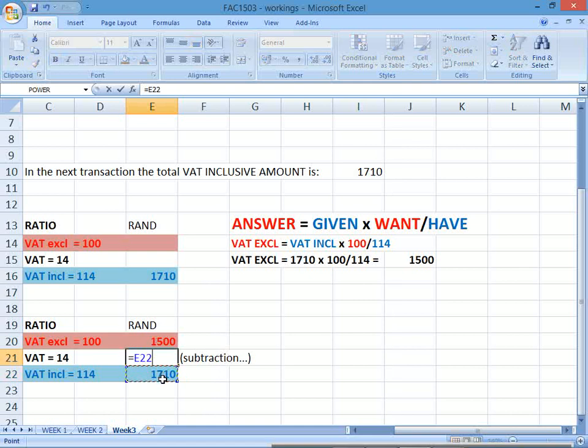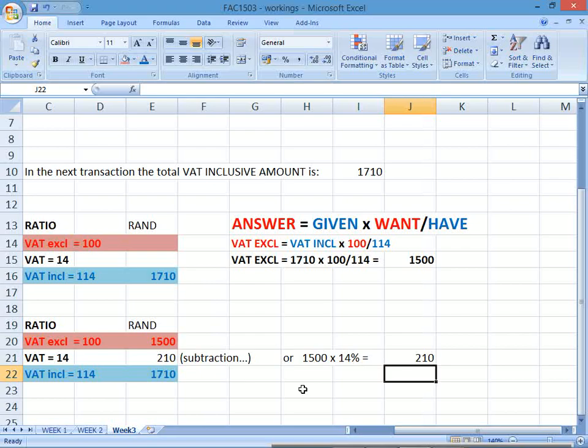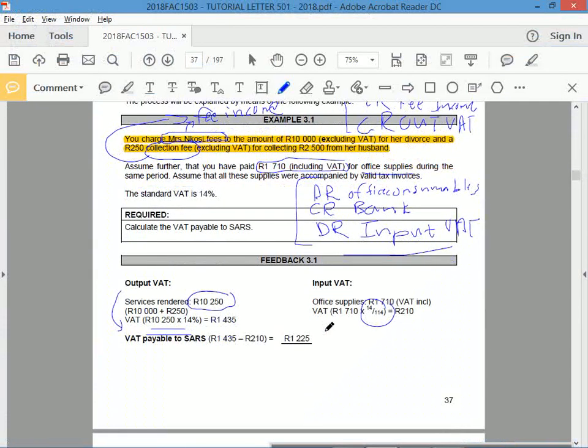Or you could have taken the 1500 and times that by 14% and they would have given you the same figure. 1500 times 14% is also 210. There are so many different ways of doing it. You can play with the numbers if you want to, as long as you can get those figures.